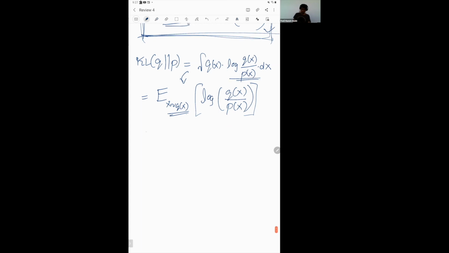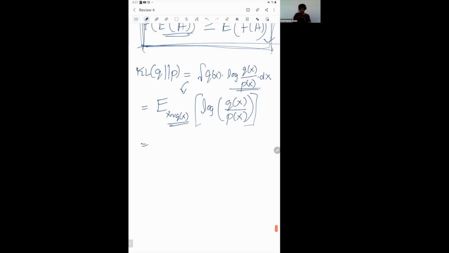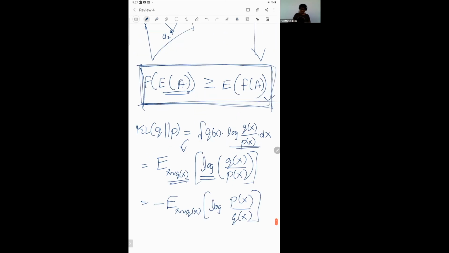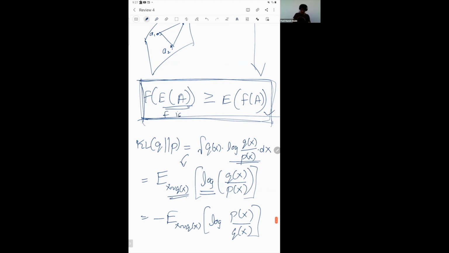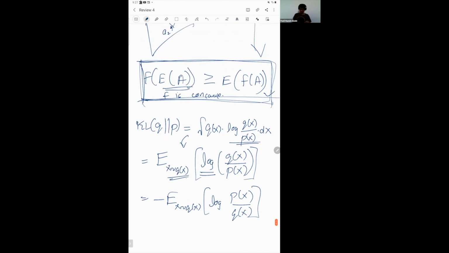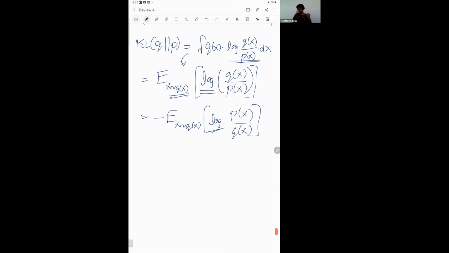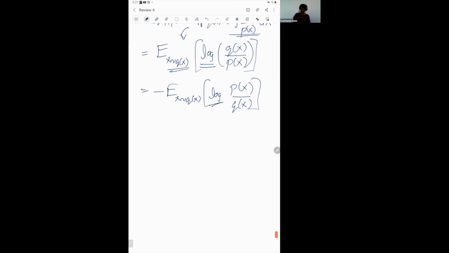Now, since we have a logarithm function, which is concave, we can use Jensen's inequality.